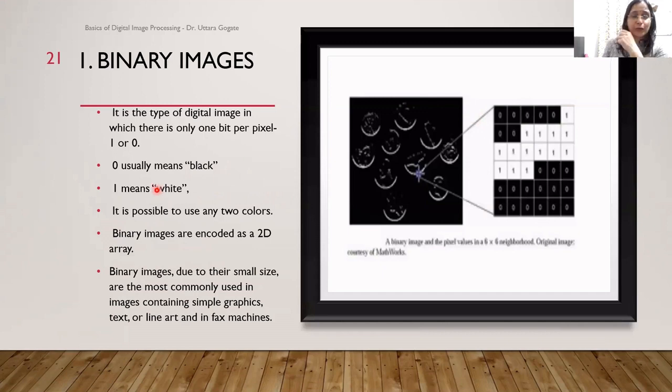As I told, it is a typical digital image with only one bit per pixel, having only two values, 0 or 1. 0 indicates black, 1 indicates white. These binary images are encoded as a two-dimensional array as shown here. So this is a binary image, only two colors, black and white.